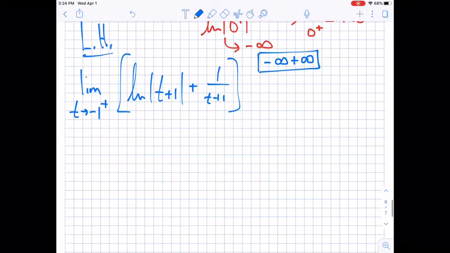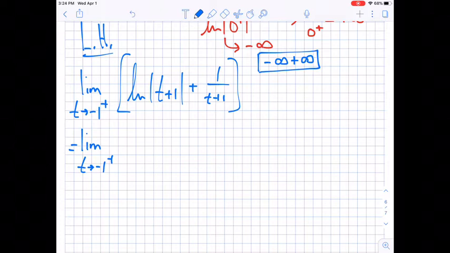One thing that we can do with that indeterminate form is that we can bring these two together. Okay, let's put them together with a common denominator, and that common denominator is going to be just t plus 1. Okay, so we leave the limit alone for now.